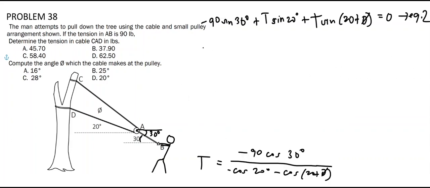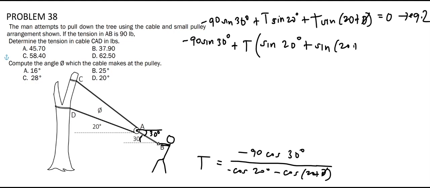So here we have negative 90 times sine of 30 degrees plus t. Let's try to factor out t here into this expression. So we have t times sine of 20 degrees plus sine of 20 plus phi degrees equal to 0. And plug in this value into the equation, we will have a single equation with single unknown.